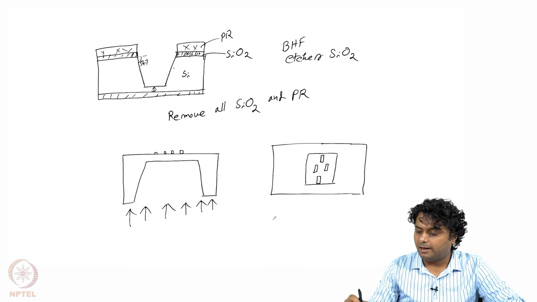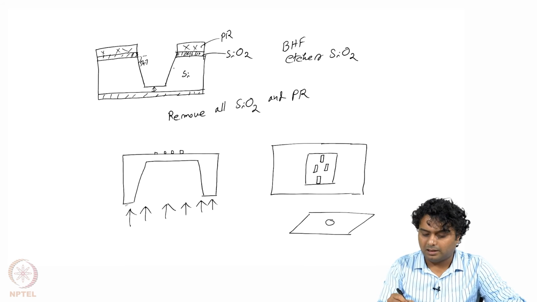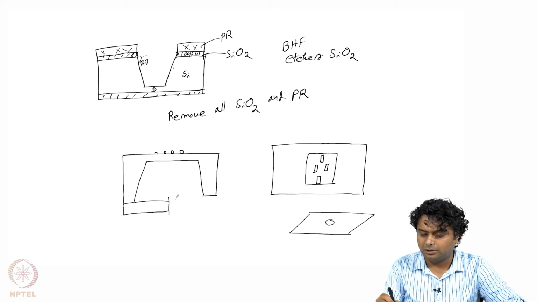Then we take another silicon wafer or glass plate where we have a hole in the middle, and that wafer we put at the bottom. So that wafer we will put at the bottom, and then there will be a pressure port, and we bond this wafer to the top wafer.